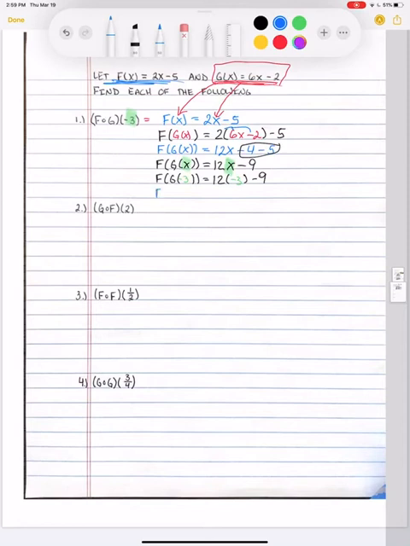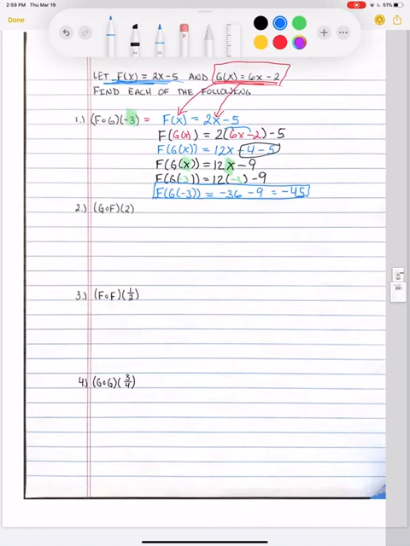So I have f of g of negative 3 equals 12 times negative 3, that's negative 36, minus 9. Negative 36 minus 9 is negative 45. Okay, so when we plug in these numbers to evaluate, we get an actual full number answer, meaning we're not left with any variables.